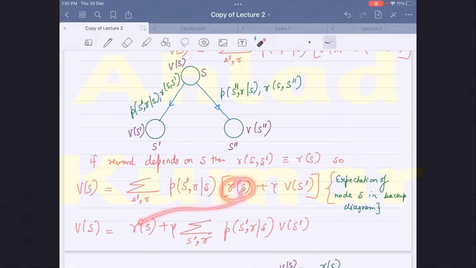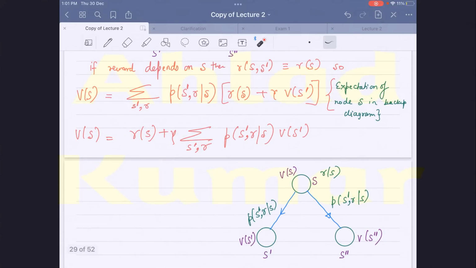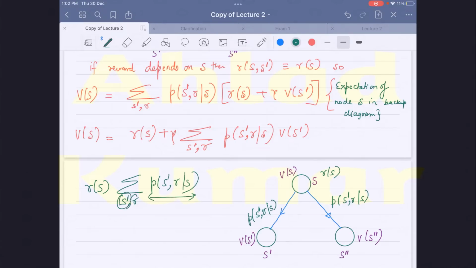R S can be taken out easily, because if you do the summation over all the possible states and rewards of the probability function, this value will be 1. That's why we have R S here as an individual term, when R depends only on the state S and not on the transition S and S prime.